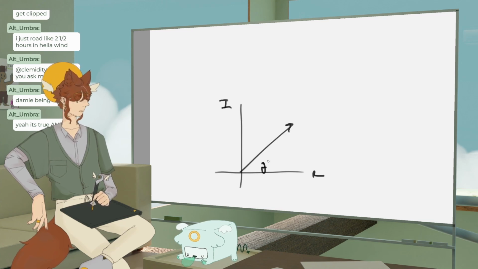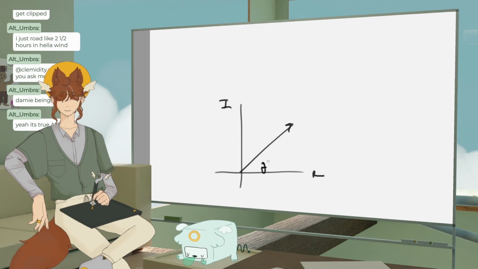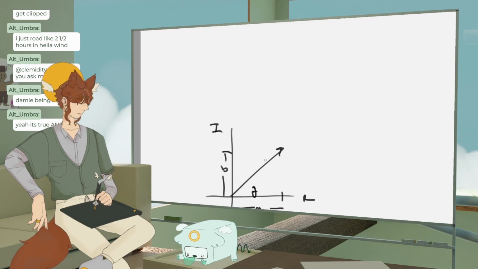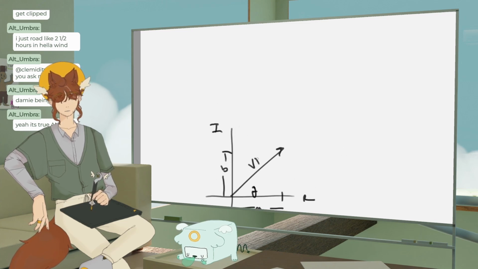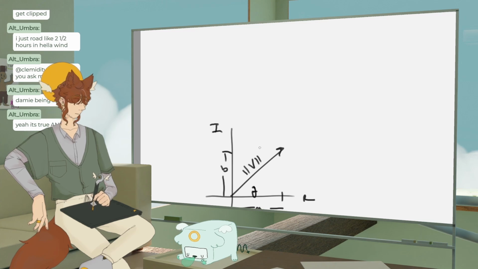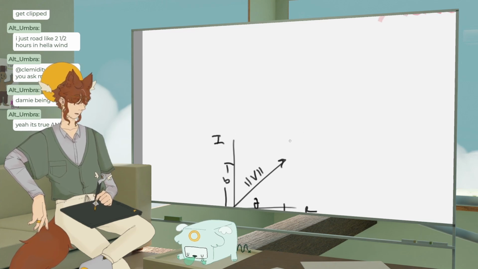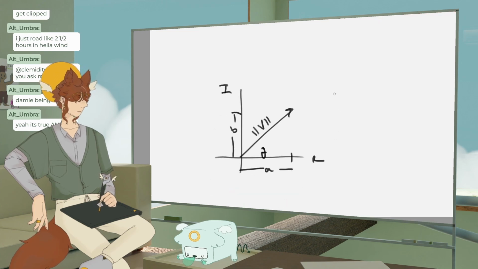We were trying to figure out the component of this: this distance was A, this distance was B, and we know that this distance is 2. He asked, what's A? What do you guys know to use to figure out what A is? Everybody was like, SOHCAHTOA, and I'm like, no.